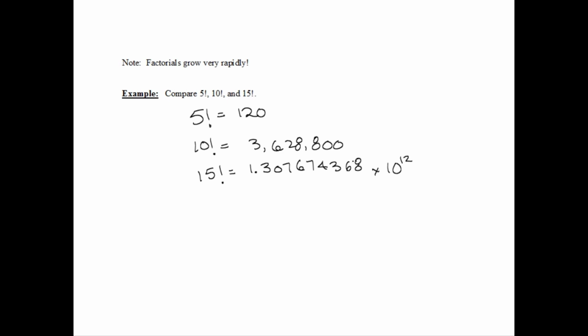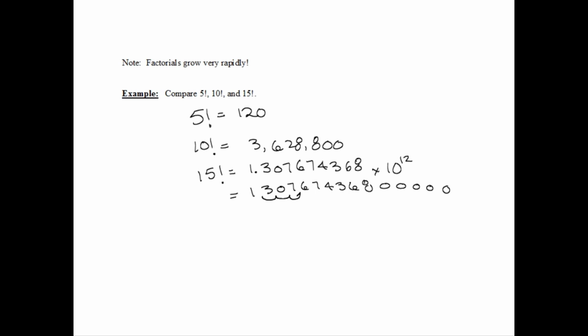And so in order to write it so that it is not in scientific notation, what we're going to do is write all these out, put a bunch of zeros here, and then move our decimal place. It started out right between the 1 and 3. We're going to move it by 12 slots.